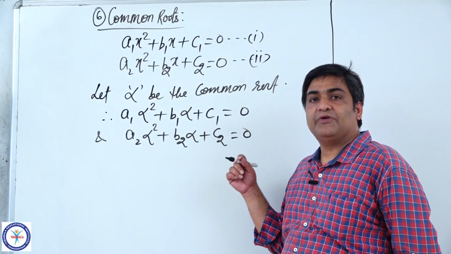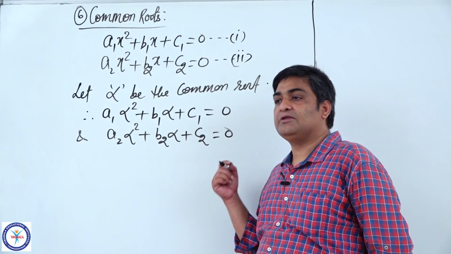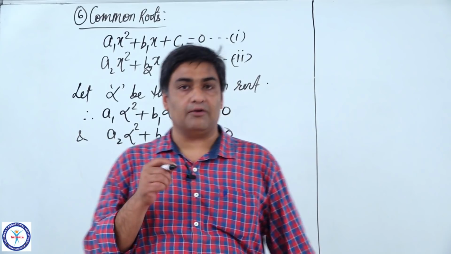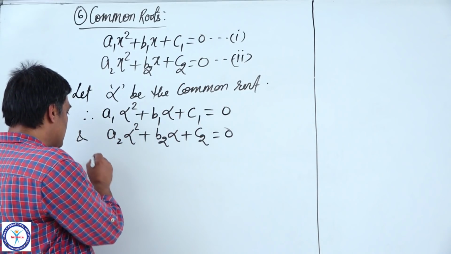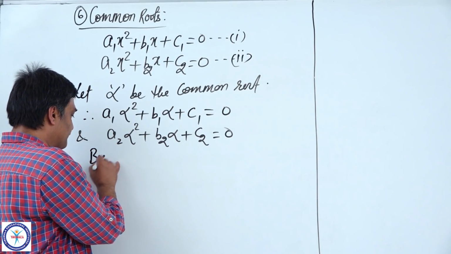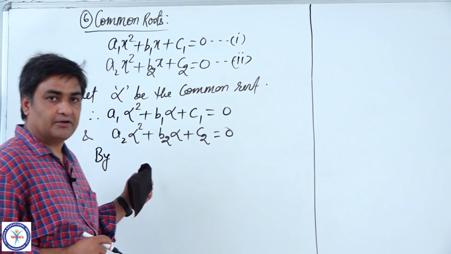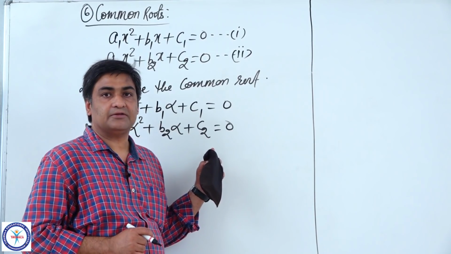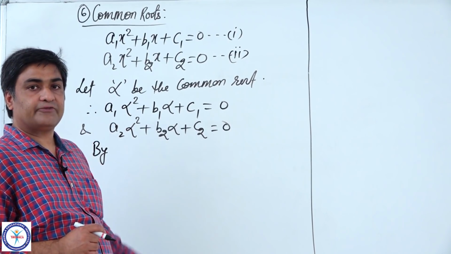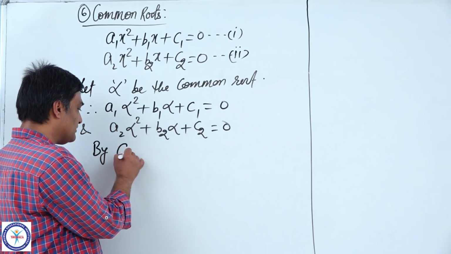Now we will try to find the value of alpha. Here we can solve these two equations by various methods. I am applying the method of cross multiplication.